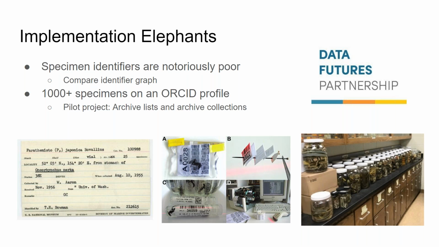So our second pilot project worked with the Data Futures Partnership to explore using their archive lists and archive collections to find a way to package collections or curation activities into some sort of digestible chunk to display on an ORCID profile. And it turned out that that method wasn't quite going to work for us. So we're still exploring ways to make that happen.